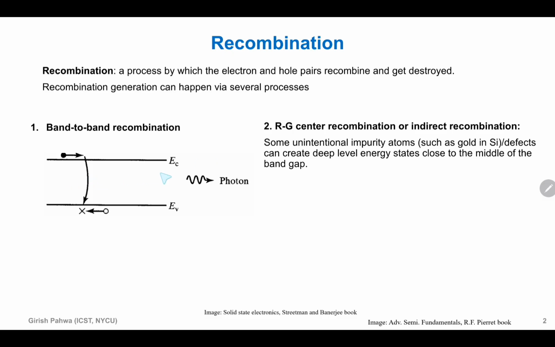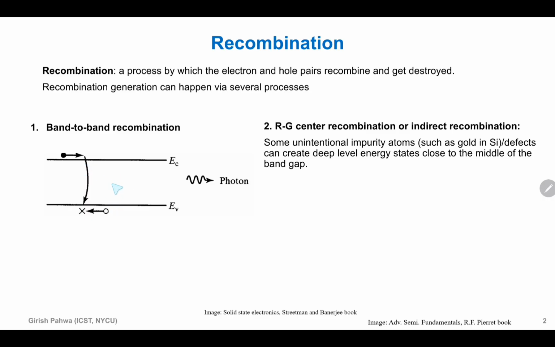But there can be some states which are somewhere in between, close to the mid gap. They are called deep level states or mid gap states. There can be such traps, and they are not donating the electron, because if they have to donate the electron, say they are here, there is a lot of energy difference. It's not easy.